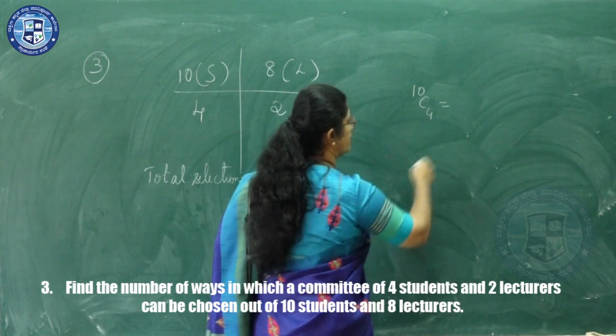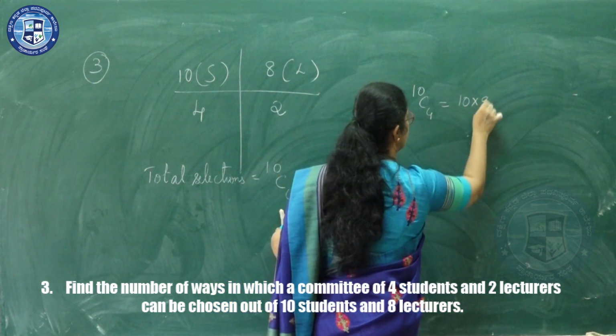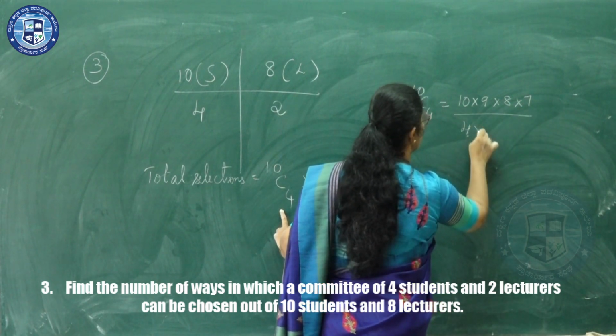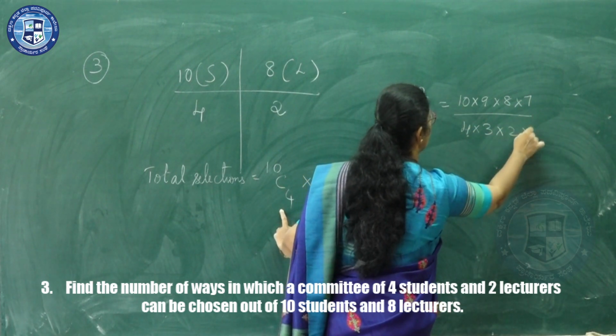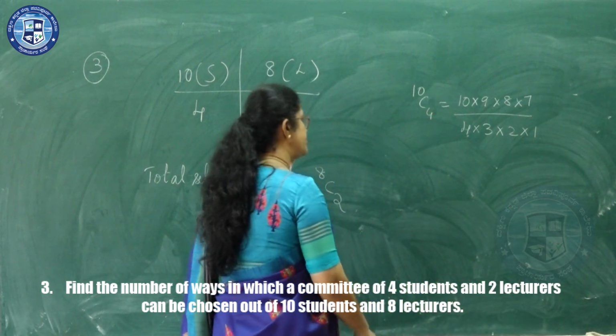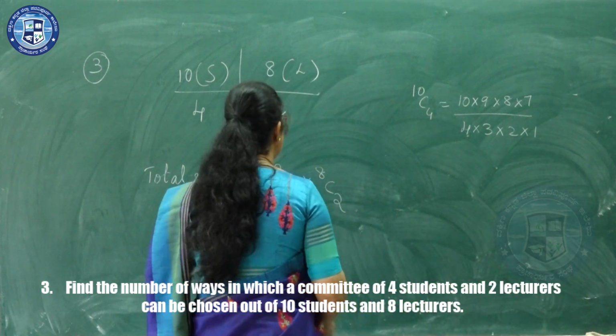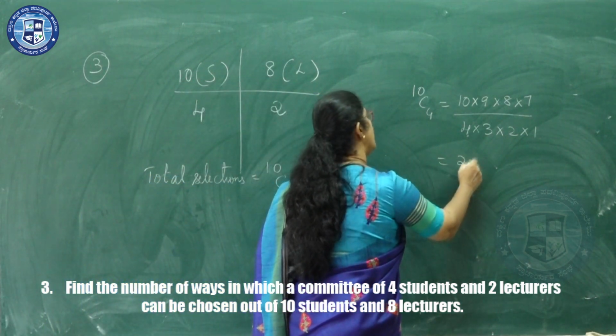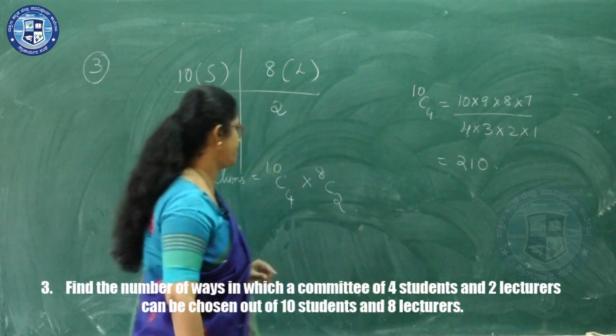10C4 is equal to 10 into 9 into 8 into 7 divided by 4 factorial, 4 into 3 into 2 into 1. If you calculate this, you will get 210.